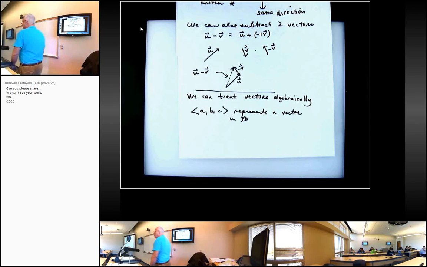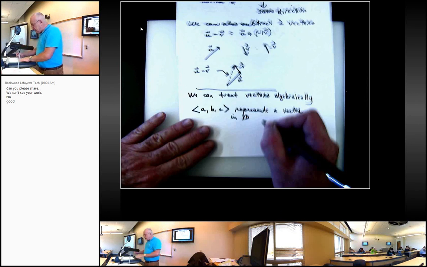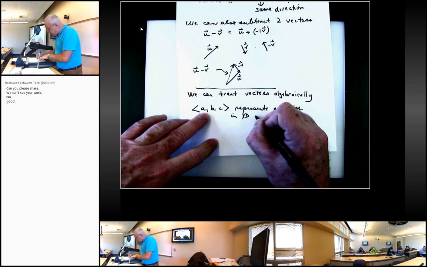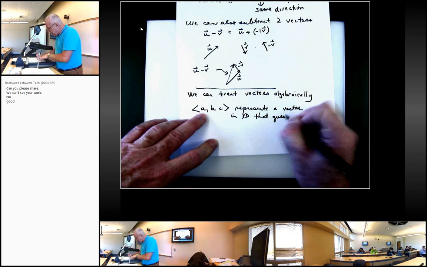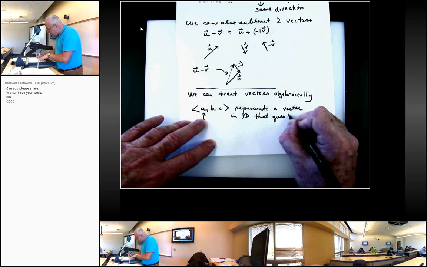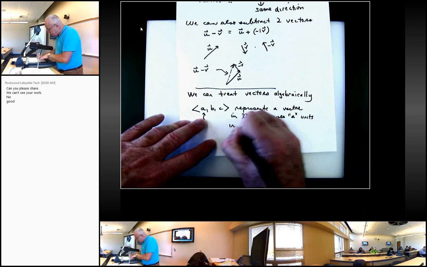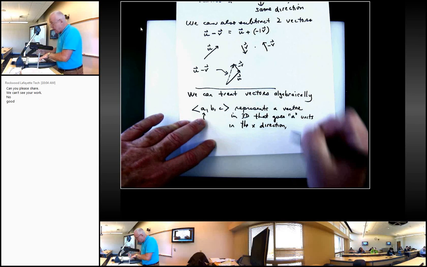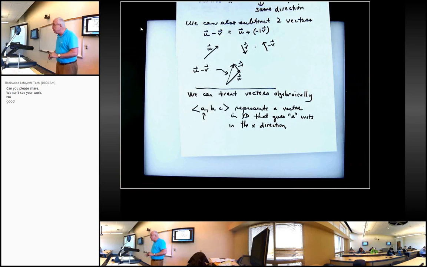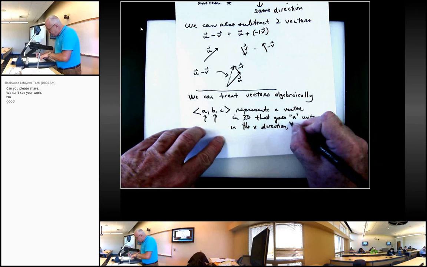Okay, so what does this A, B, and C mean? Well, we know vectors have directions. So this represents a vector that goes A units in the X direction. Now, A could also be a negative number. B units in the Y direction.